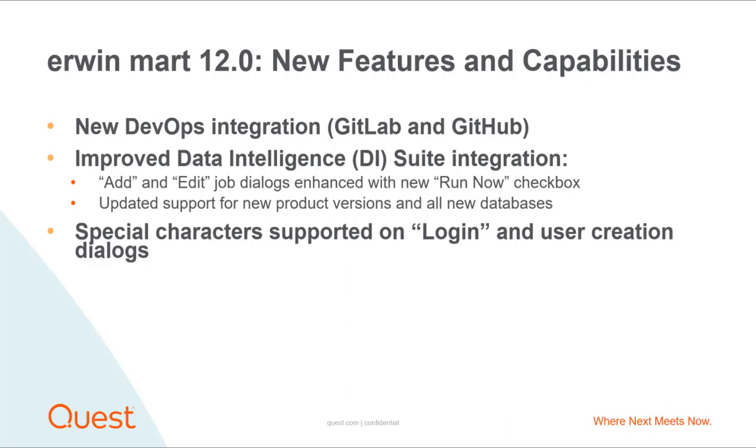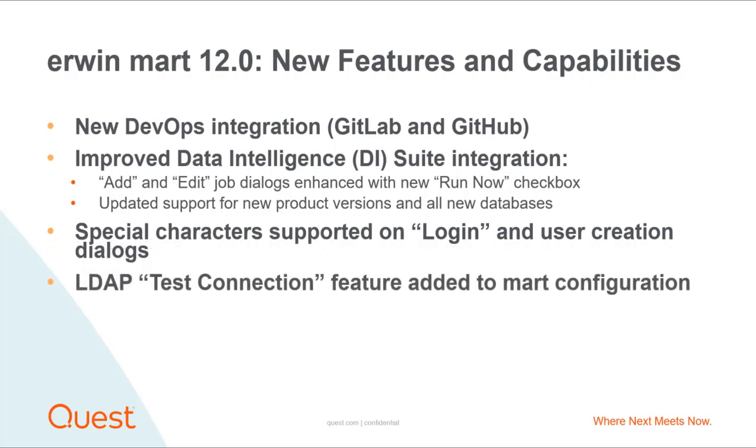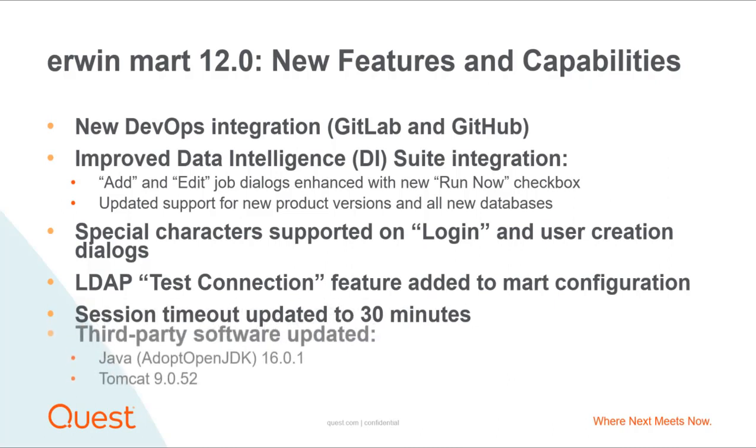Special characters are supported on the login and user creation dialogues. LDAP test connection feature has been added to the Mart configuration. Session timeout has been updated to 30 minutes.